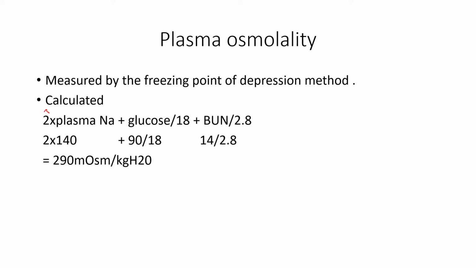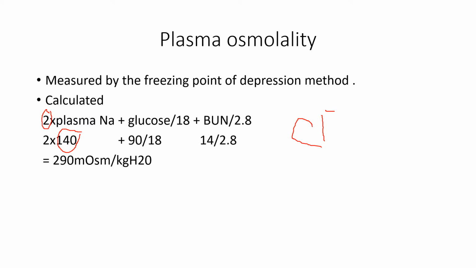We use 2 times the plasma sodium to account for the chloride, which is a negatively charged ion linked to the sodium, and is nearly the same concentration, which is 140 millimole per liter.